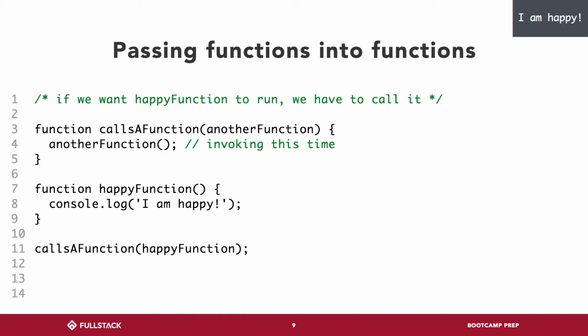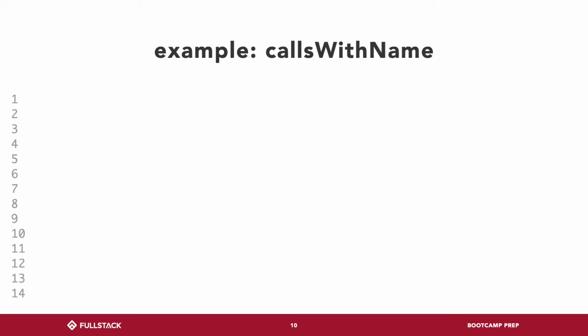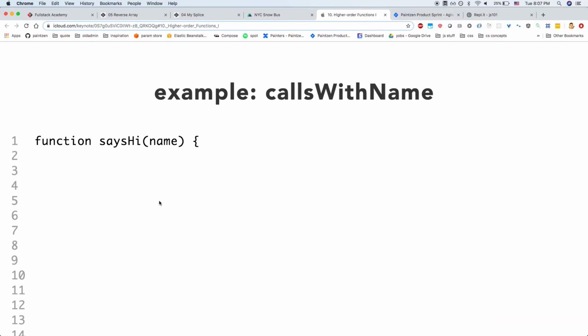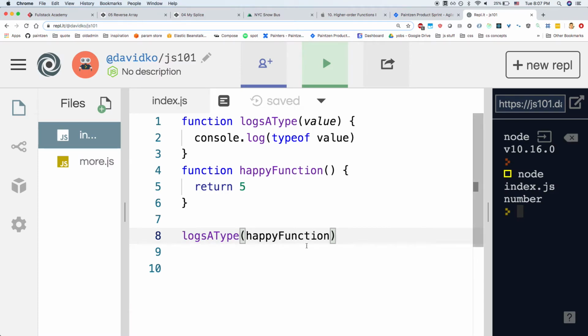Exactly. Do you use higher order functions a lot? Yeah. Could you give us a real world example of when you use a higher order function? Yes, I'm glad you asked. This happens all the time.